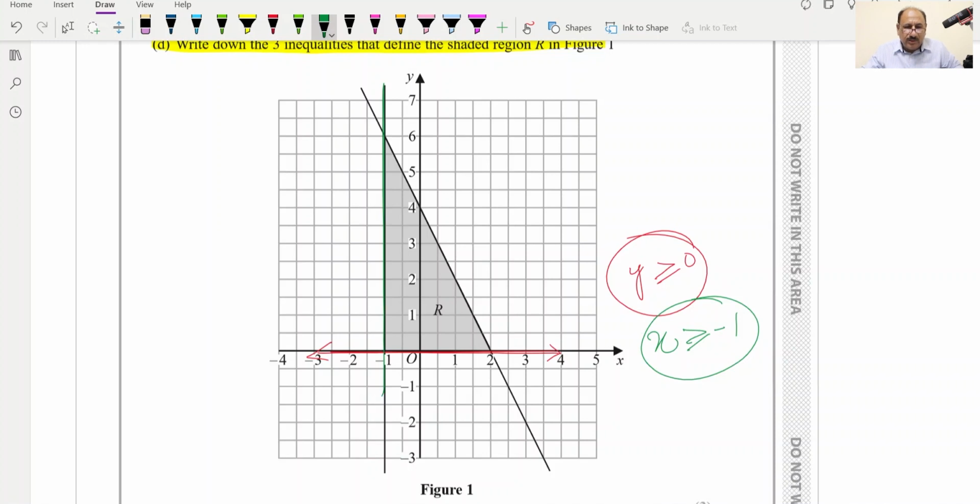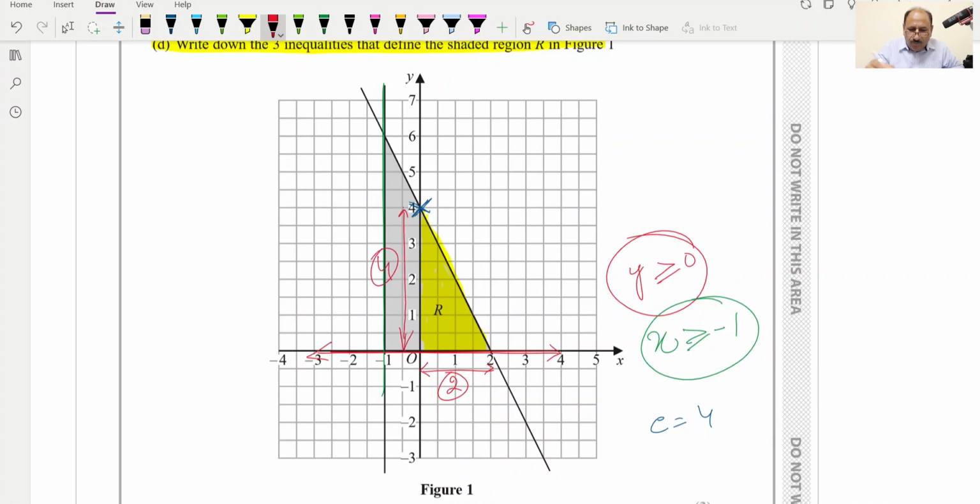Now how will we write the third inequality? We can figure out that the y-intercept is this point which is at 4. So the c value is equal to 4, and for the gradient, if we consider only this triangle, rise over run is the gradient. This value will be 2 units, and this value will be 4 units.